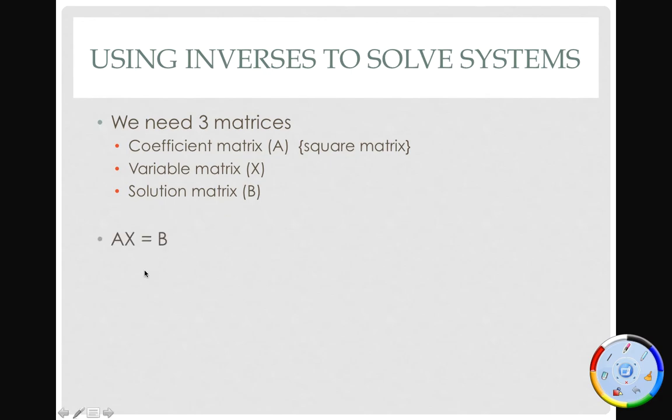If you were to take matrix A times matrix X, you will get matrix B, which is the idea.